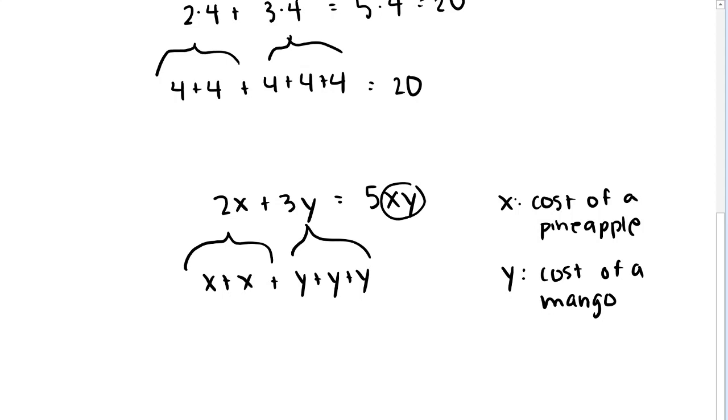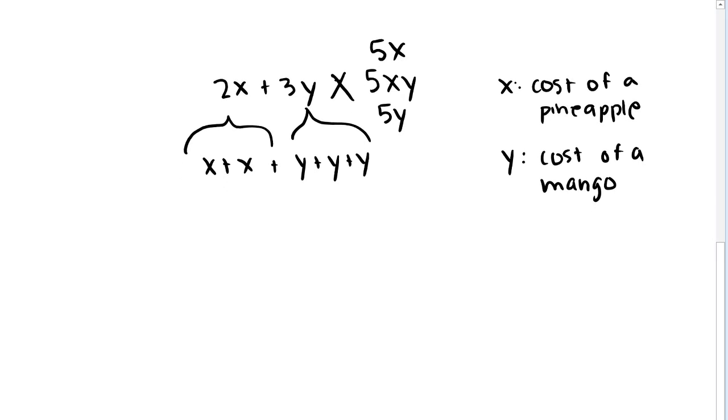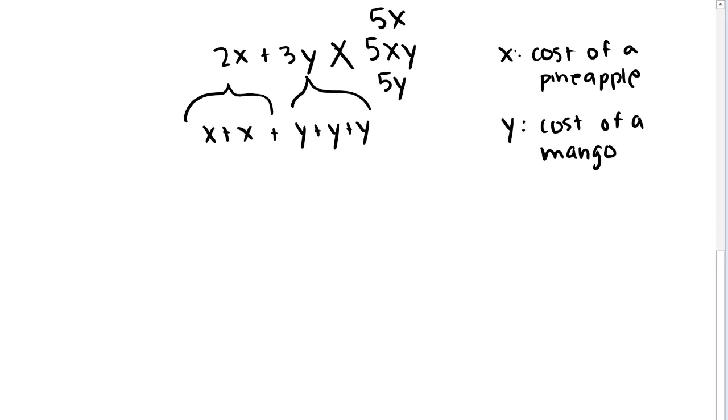Multiplying the cost of mangoes and pineapples together isn't giving me anything sensible. So really, we just can't combine unlike terms to simplify our expression. We can't write this in any simpler equivalent way.